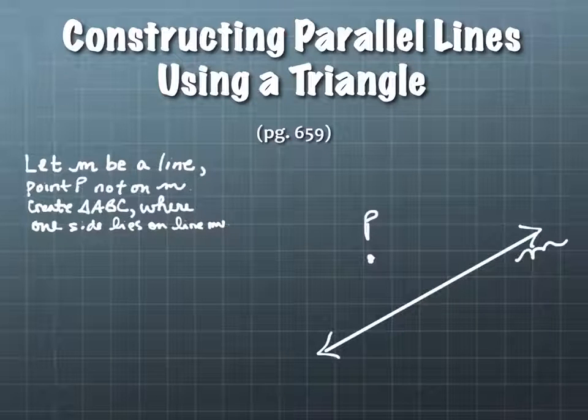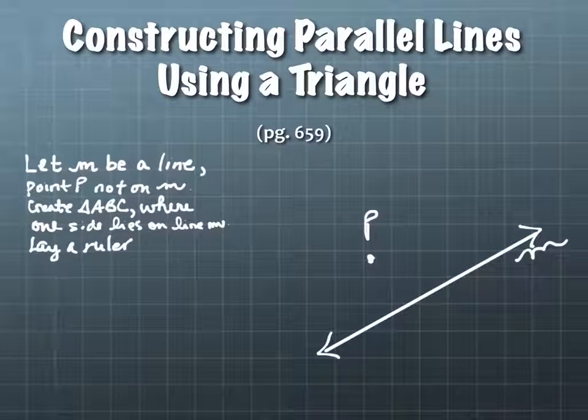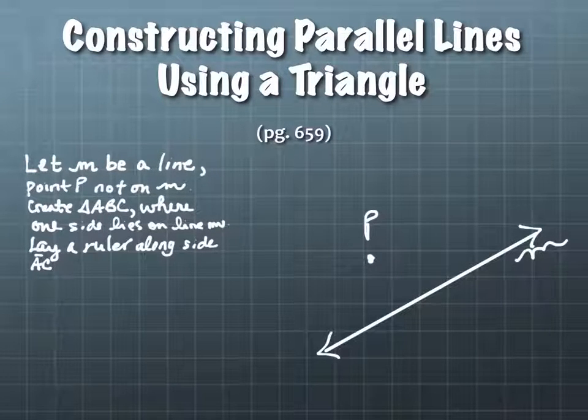Okay, so we're going to create this triangle, lies on M. We're going to lay a ruler along side, and the way I'll draw it is I'll make it side AC, okay?